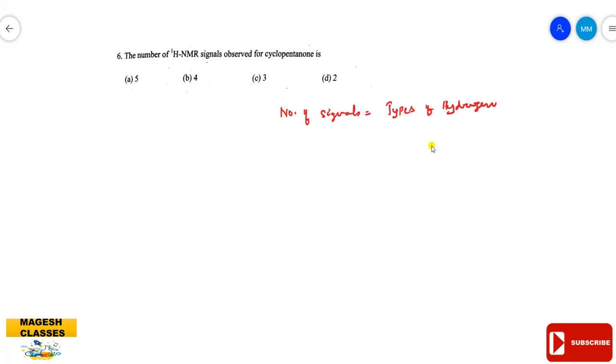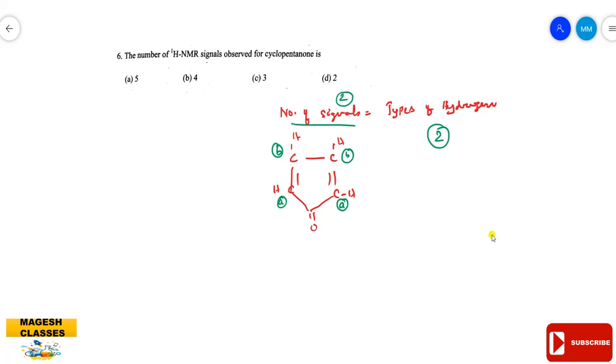Cyclopentanone structure is a five-membered ring. The hydrogens on the carbons away from the carbonyl are one type, A type, and the hydrogens flanked by the carbonyl group are another type, B type. So there are two types of hydrogen, and so the number of signals is also 2. Your answer is D.